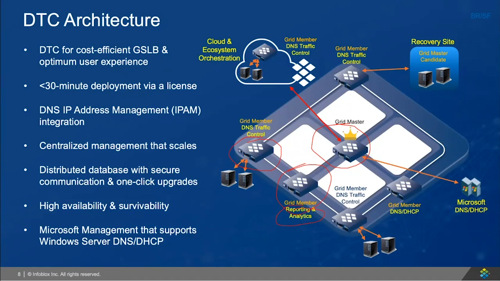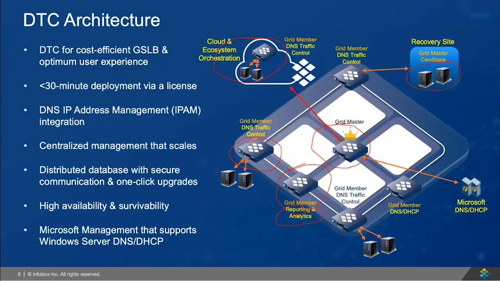In a typical environment, it looks like this. We've got reporting, grid master, maybe a grid master candidate at a DR site for backup. Maybe we've got a public cloud up here, but for most people it's this kind of environment, and you're running DNS and DHCP on some of these members, and so the functionality is there.